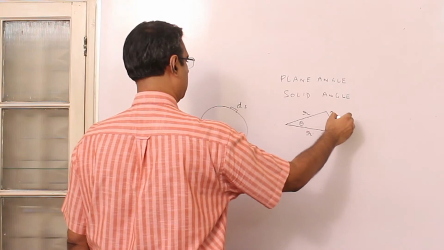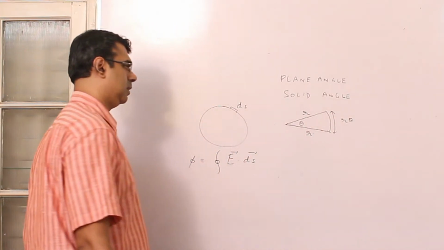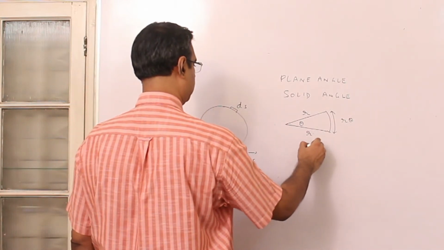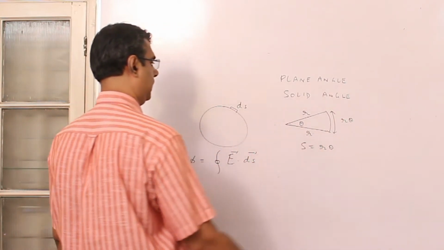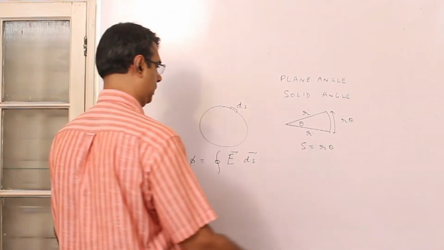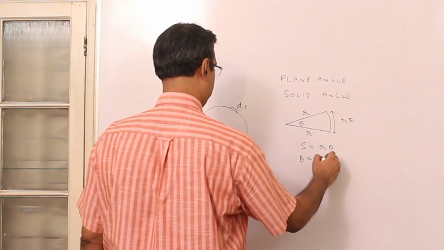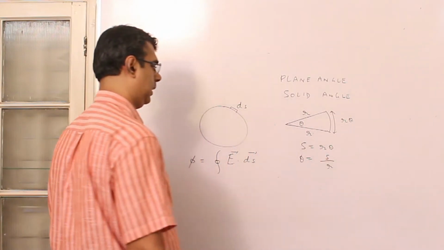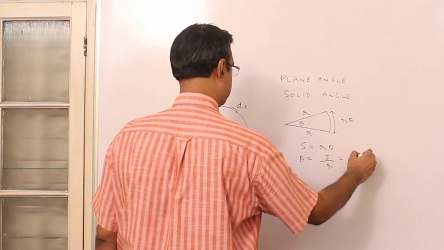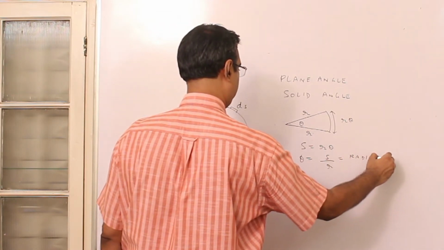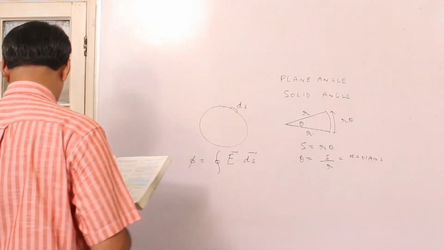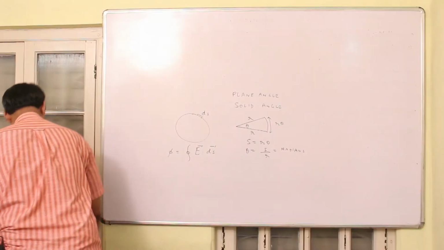So you know that this arc length is r theta. The arc length corresponding to a plane angle theta is given by s equal to r theta. Or you could say that the plane angle is given by arc length by radius, and in fact this is measured in radians. So the plane angle is measured in radians.